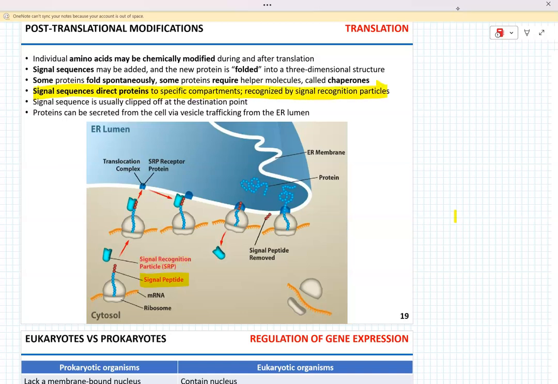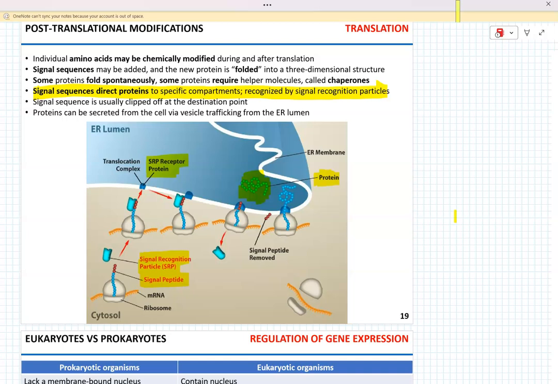They are recognized by so-called signal recognition particles, the proteins that interact with SRP receptors, forming a translocation complex that then directs the protein to wherever it is supposed to be, for example, into the lumen of the endoplasmic reticulum.